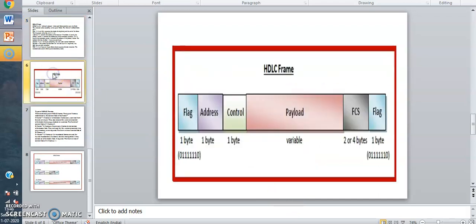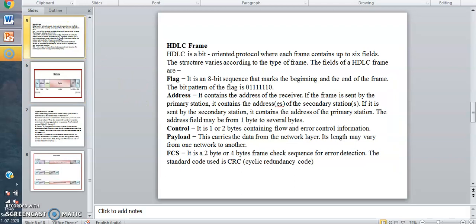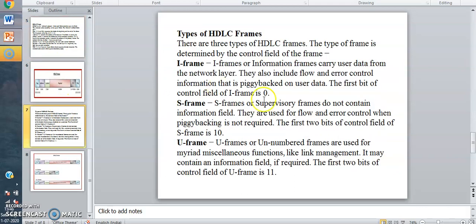This is the HDLC frame. 3 classes of frames are used in HDLC. What are the 3 classes of frames that are used in HDLC? First one I frame, second one S frame, and third one U frame.